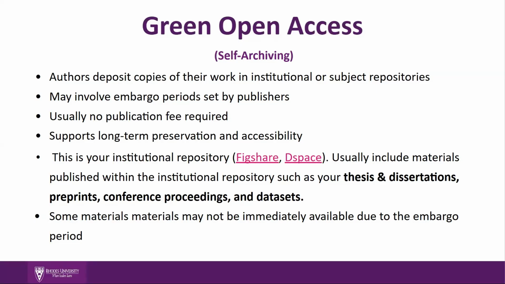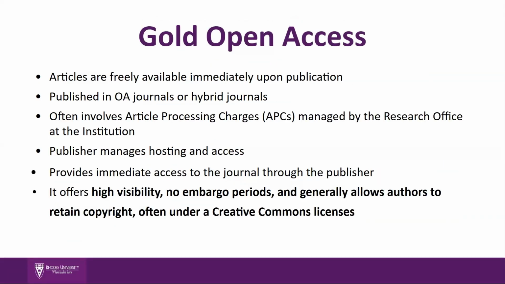We will now explore the next publishing model, which is the gold open access route. With the gold open access route, articles are freely available immediately upon publication. These will be in open access journals or hybrid journals. It involves article processing charges managed by the research office at the institution. It allows for immediate access to the journal through the publisher. One of the positives of the gold open access route is that it promotes high visibility.